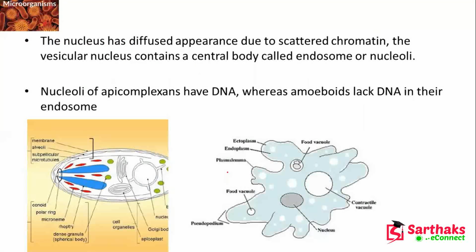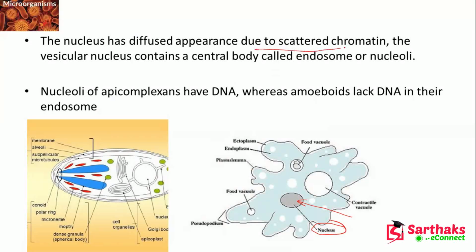Now the nucleus, this one, it has a diffused appearance due to scattered chromatin.